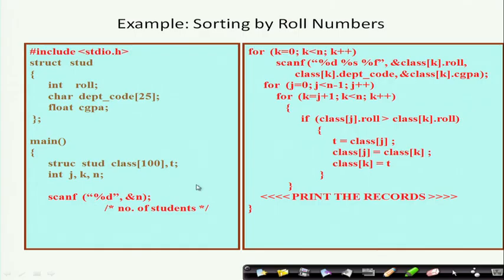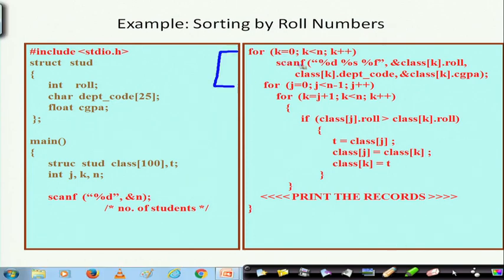Now, I am reading the number of students. How many students are there in the class? The array can accommodate at most 100, but I am reading the value n. Now, for each of the elements, look at this, this is our familiar for loop.